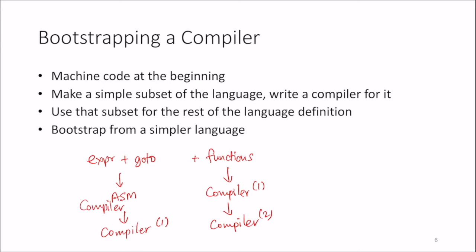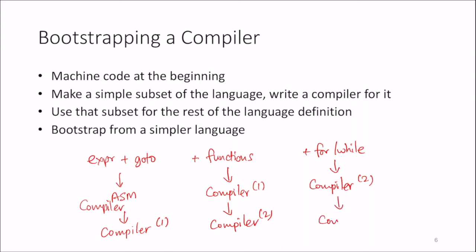So you can see the pattern here. I can now use this as my new compiler, and I can add some new features to the programming language. So maybe I can add for loops and while loops, and that's going to be useful. It makes the language more powerful.